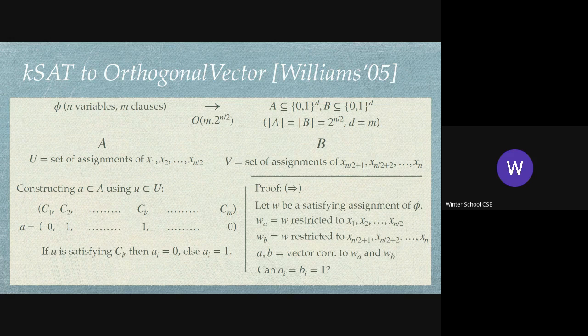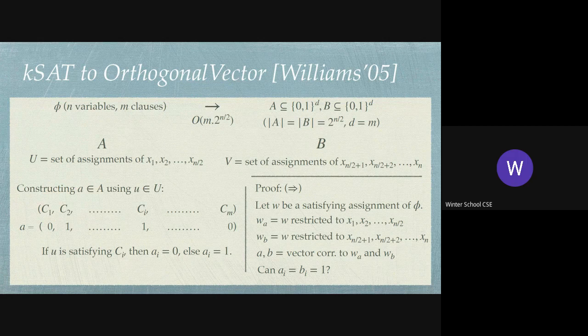It's not possible, because if there exists an I such that both Ai and Bi are equal to 1, what this means is that both WA and WB are not satisfying that clause Ci. But we know that W is satisfying Ci, so either WA or WB should be satisfying it. So this cannot happen: for no I will both Ai and Bi be equal to 1. And that means what?